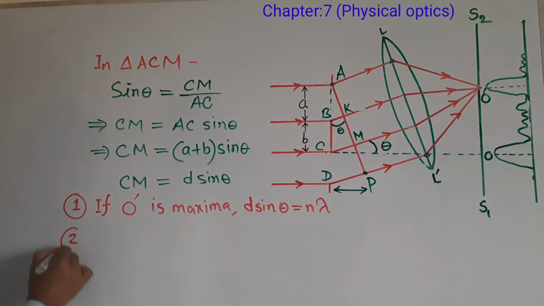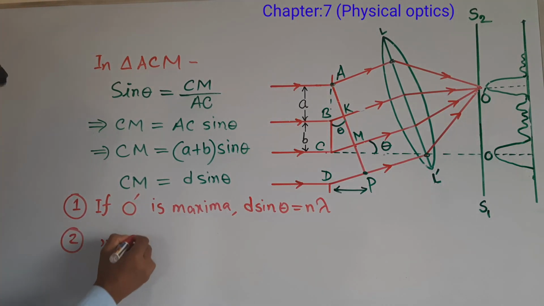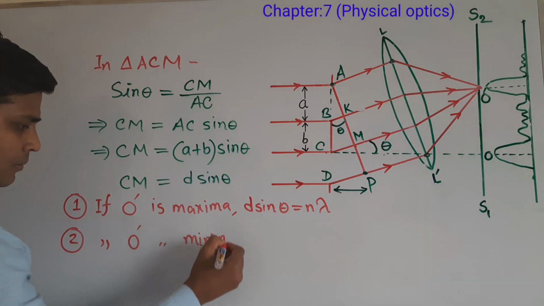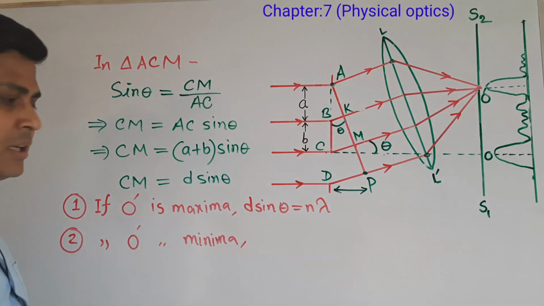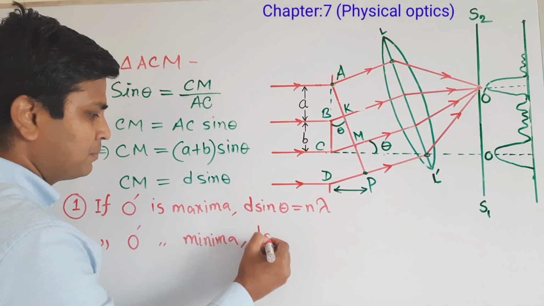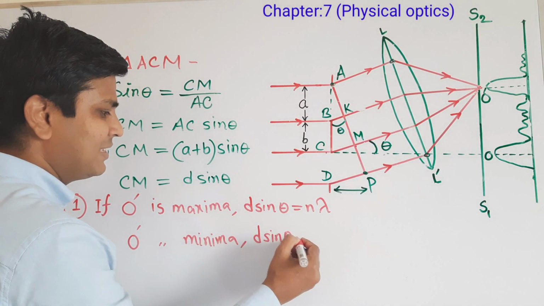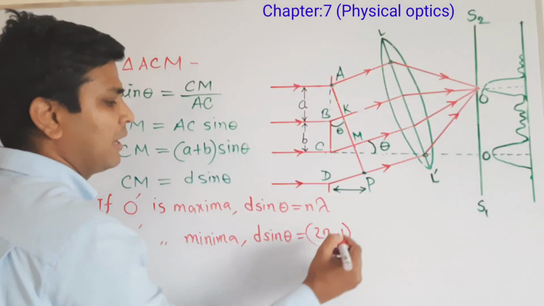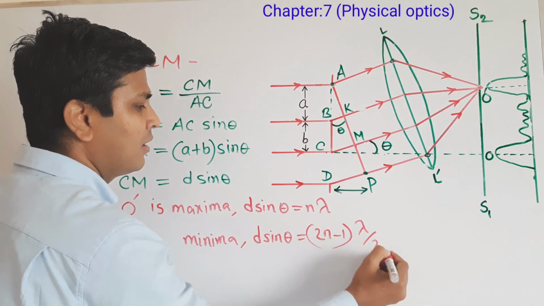Now, the second condition is if O prime is minima, then the path difference will be D sine theta equals (2n minus 1) lambda by 2.